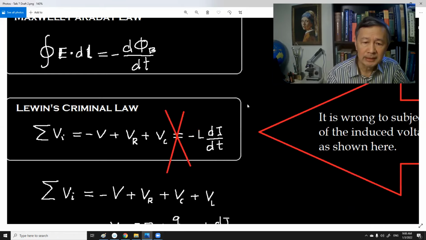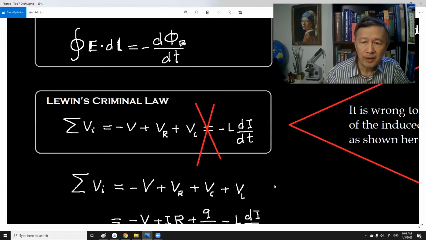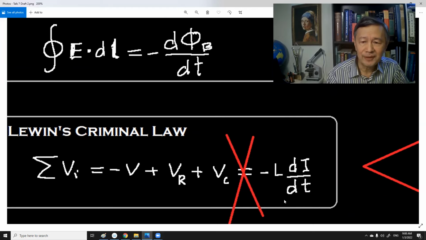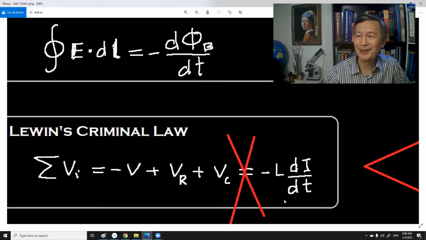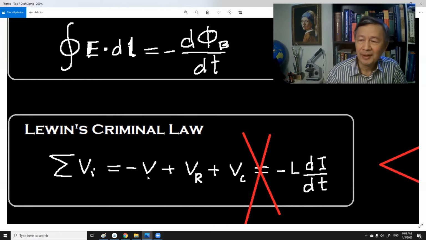So that is why, if you don't take into account the self-induction, which acts as a power supply, he cannot use Kirchhoff's voltage law correctly.